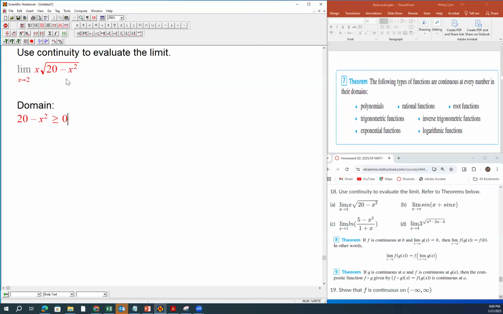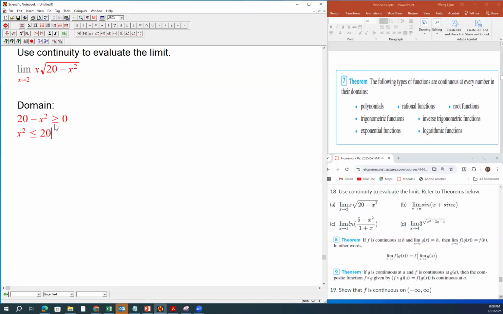That is the domain requirement. With that, we get x squared less than or equal to 20.